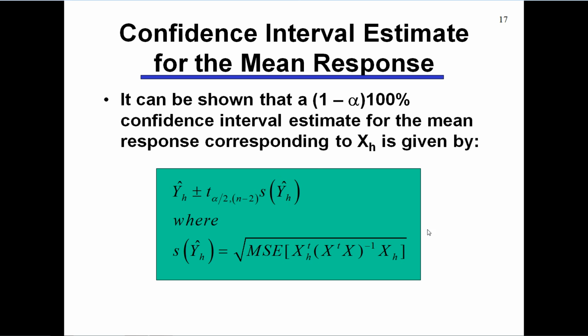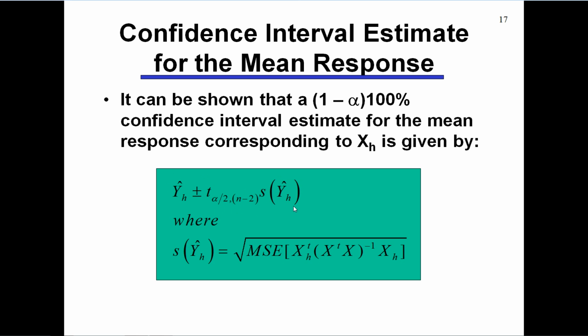If we want to find a confidence interval estimate that corresponds to a particular level of x, we take the point estimate and we add and subtract some stuff to it. The stuff that we add and subtract includes the level of confidence that we want to have, which is associated with the alpha level that we choose, and variation.